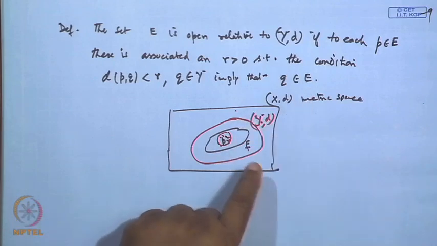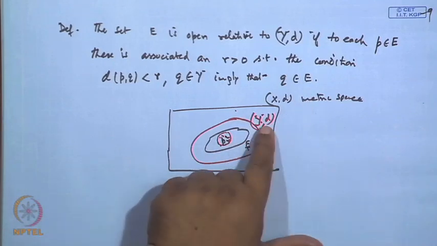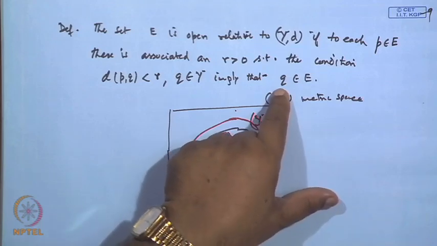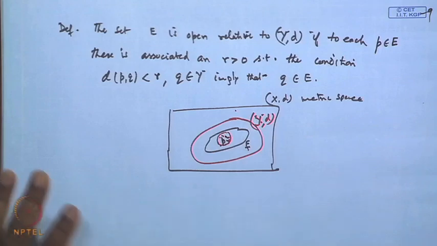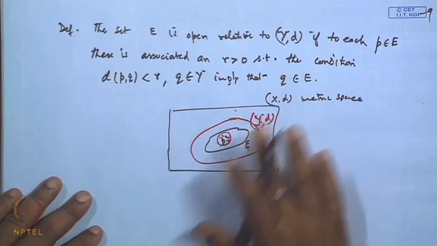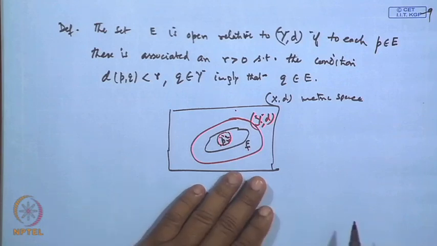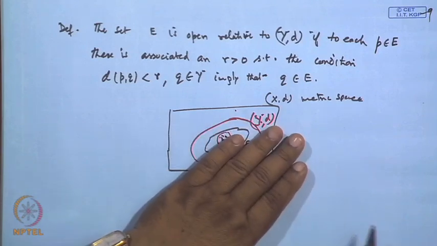Now, it has been shown that a set E may be open with respect to the subset Y, but may not be open with respect to the larger set, and we have seen examples. However, in case of the compact set, this restriction is not there. So, that is more friendly than our open set or closed set.